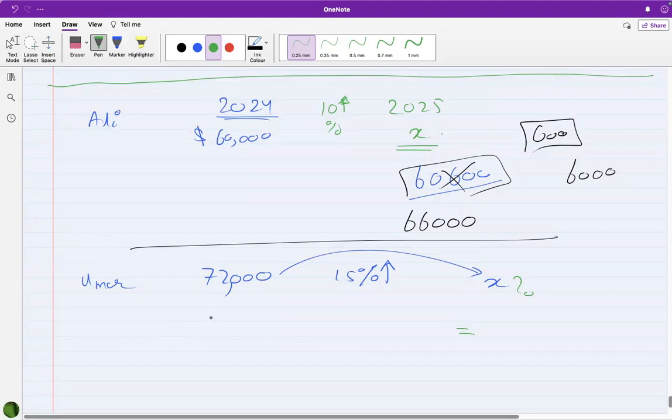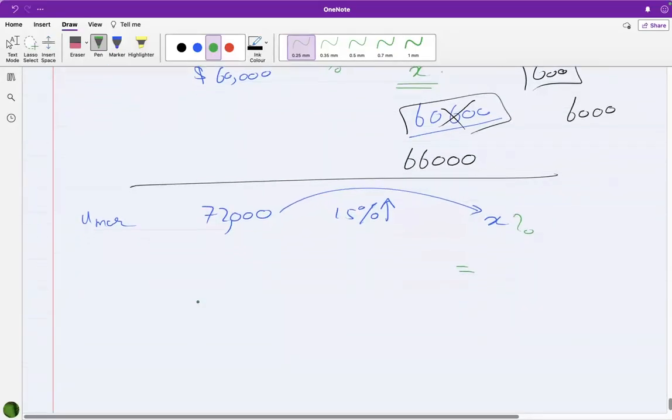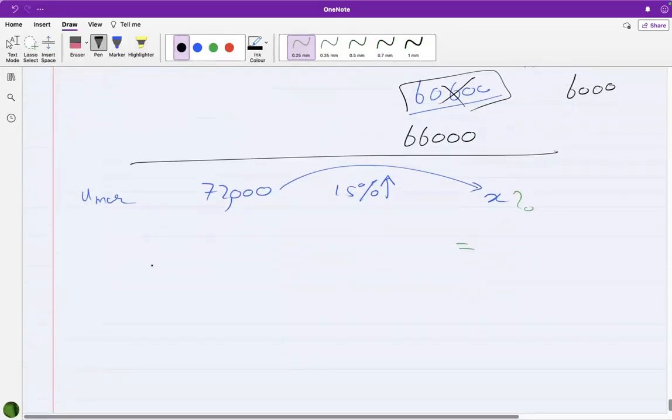What is the number you're multiplying it with? I'm multiplying 72,000 by 15% to get the 15% of it, and then I'm going to add it on to 72,000. Approach is right, but the numbers are not. $82,800. Now this is correct.